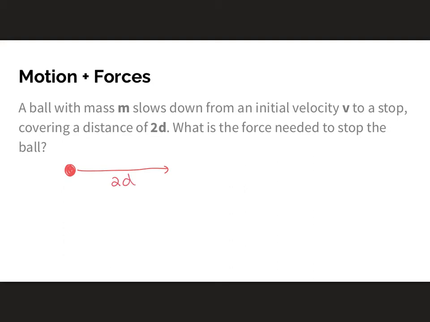It says, what is the force needed to stop the ball? In this situation, I don't have to make a free body diagram. Instead, we're just going to solve for this force. I know eventually I'm going to need to use F equals ma. I already know m, but I'm going to have to solve for acceleration.